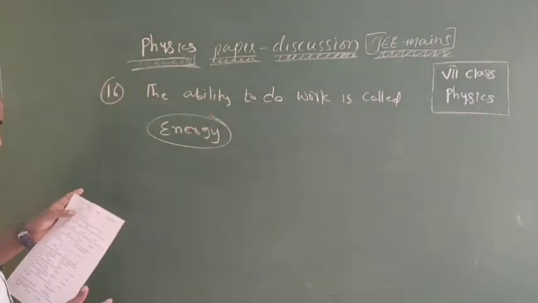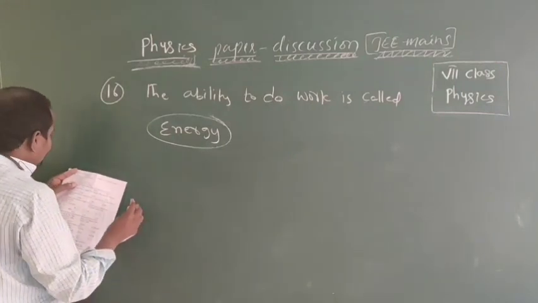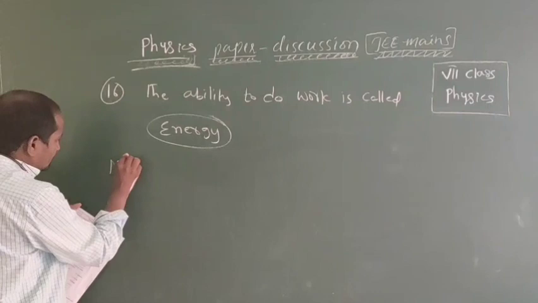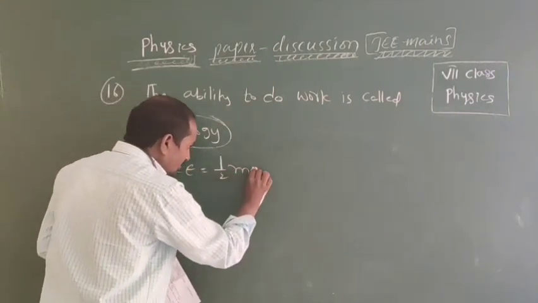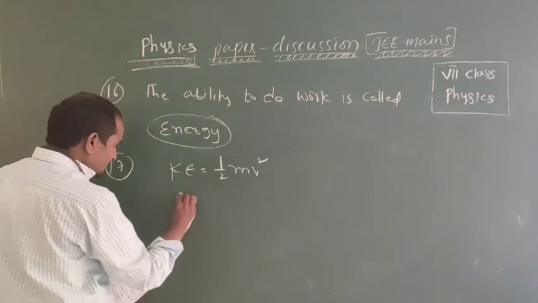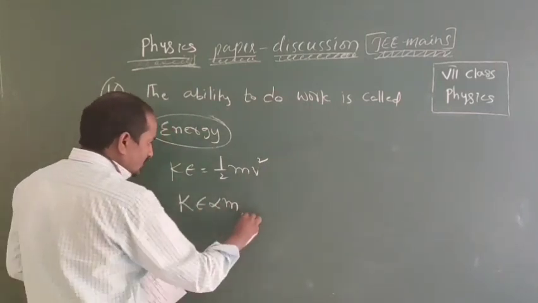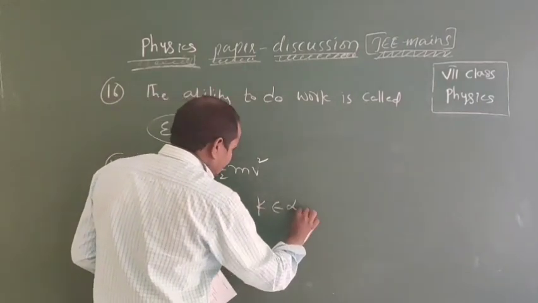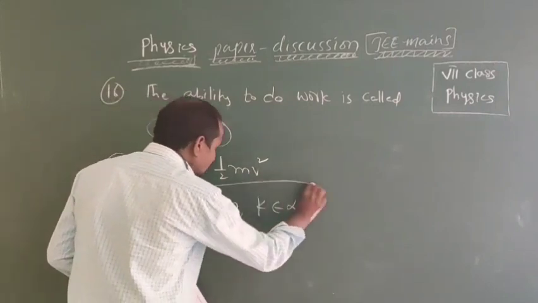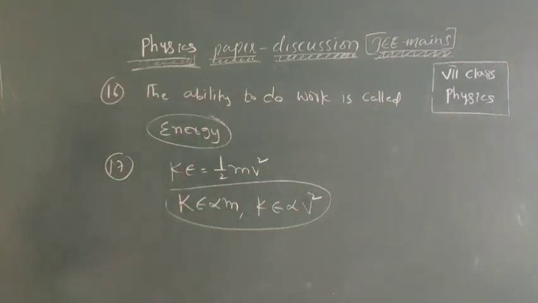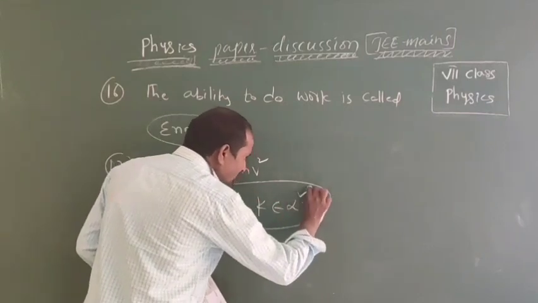The kinetic energy of the body depends on its mass as well as on its velocity. So K equal to kinetic energy equal to half into m into v square. From this relation we can write K is directly proportional to m and K is directly proportional to v square. So from these two we can say that kinetic energy depends on mass as well as velocity.